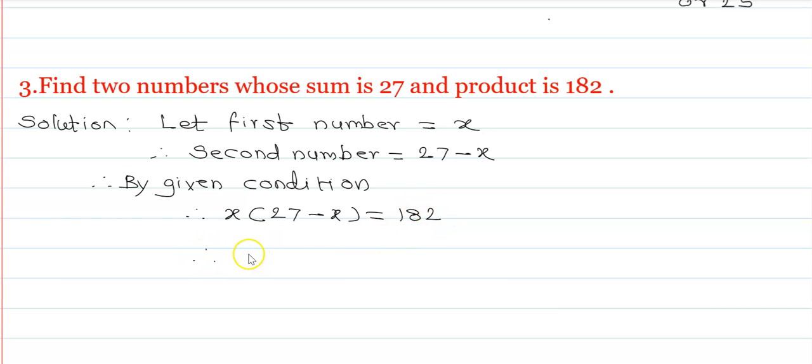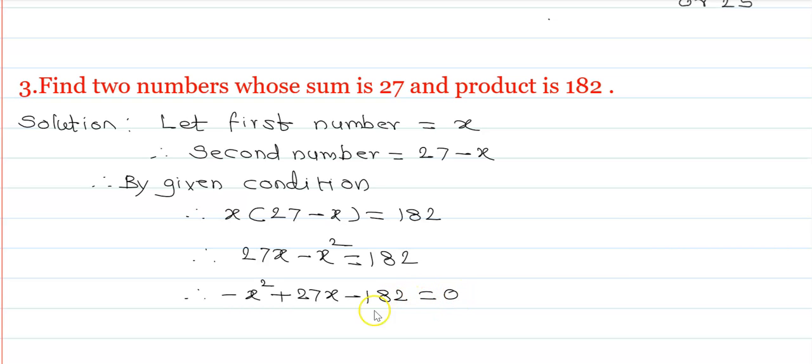Therefore, the product is 27x minus x square equals 182. Again, minus x square plus 27x minus 182, and that equals 0.